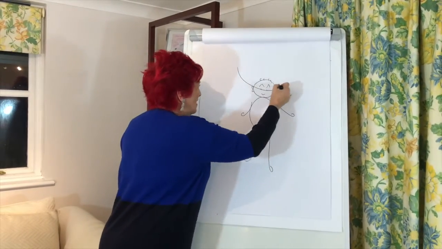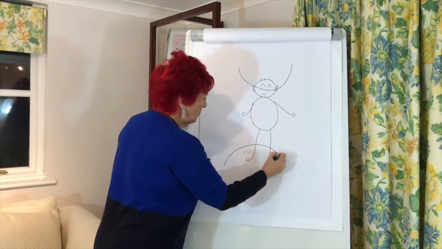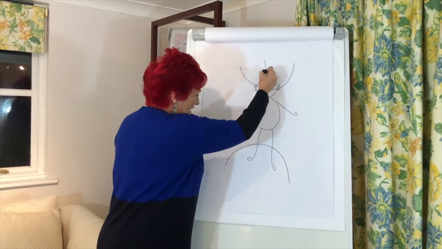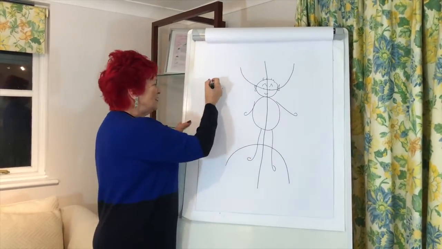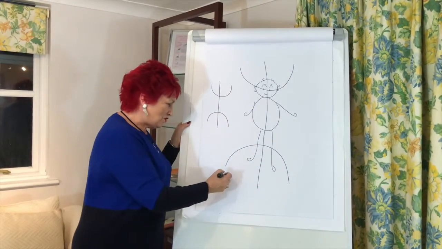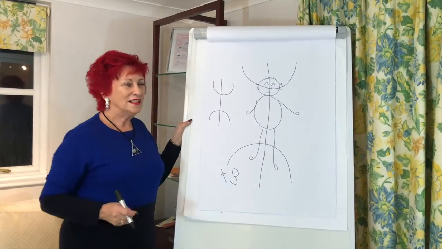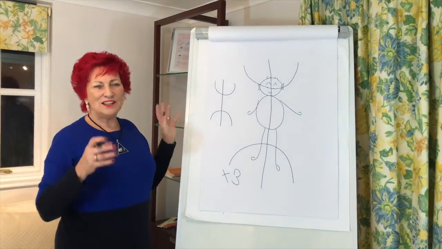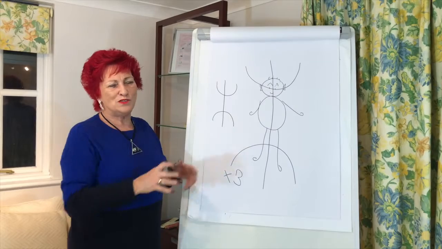You start with a cup at the top and a cup at the bottom and then a line right through. So it looks like this. And again, you draw that 3 times and you're sealing in the energy right now as you draw the symbol.